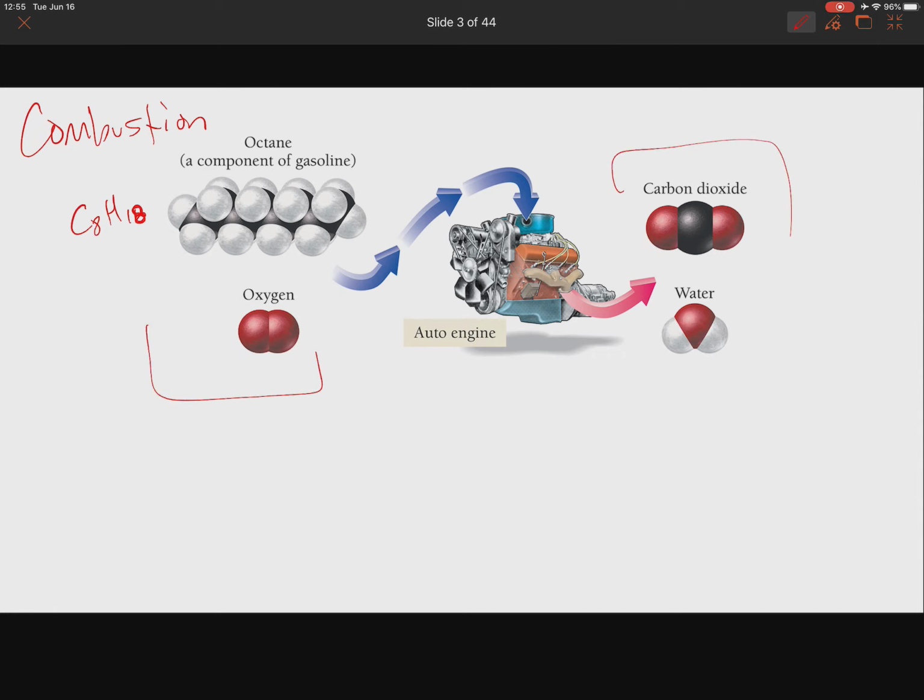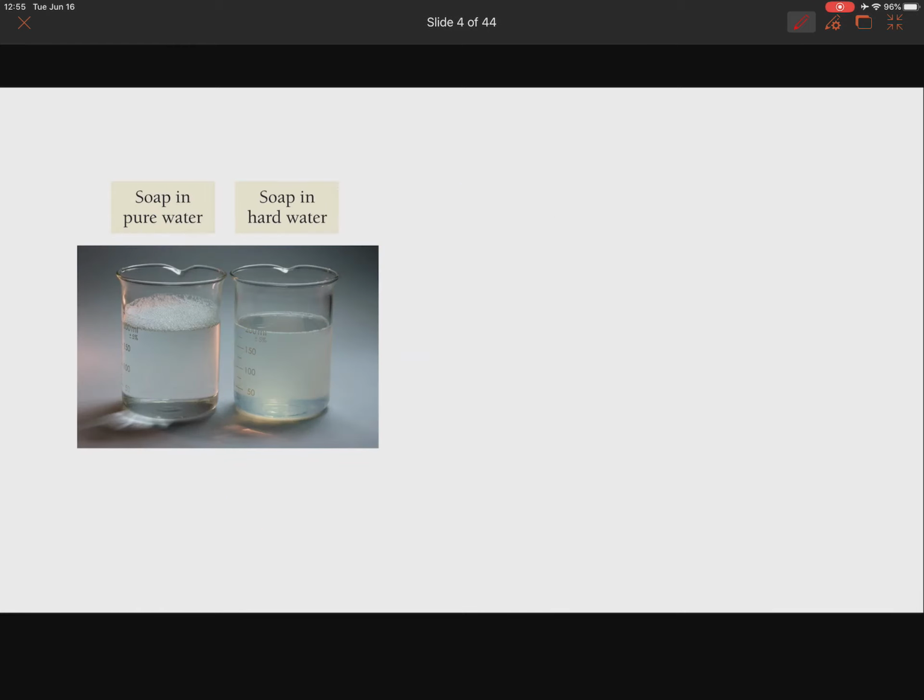Now, combustion reactions are a subcategory of what we would call oxidation reactions. Oxidation/reduction reactions, in which electrons are transferred from one substance to another. And again, combustion is going to be another subcategory that we look at.